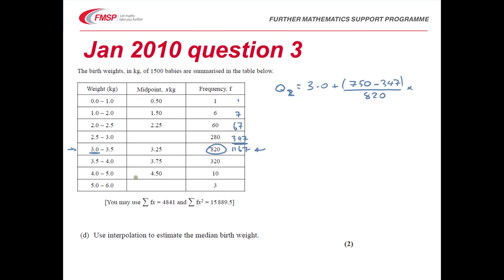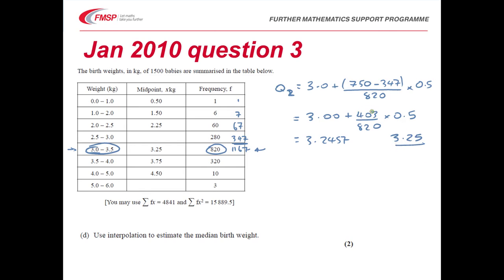In terms of the kilogram width, we know that the kilogram width is 0.5. That's the width of the group that we're dealing with here. So that's going to give me 3 plus 403 over 820 times 0.5, and that's going to give me 3.2457. Again, anything that rounds to 3.25 would be acceptable in that particular case.